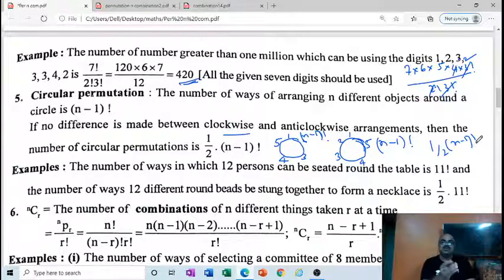So arrangement goes half this way, half that way. Probability concept it is. So n minus 1 factorial by 2 is the number of arrangements, if no difference is made between clockwise and anti-clockwise arrangements, then the circular permutation will be like this. No difference is made.